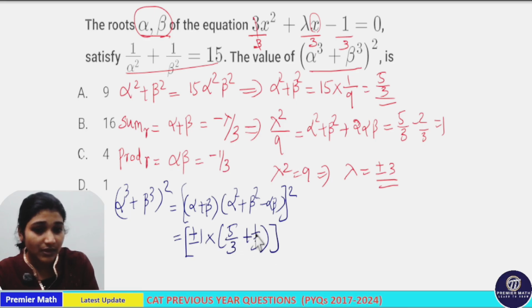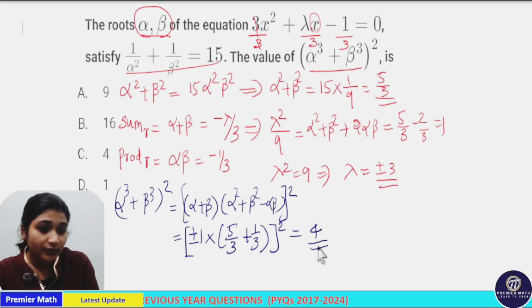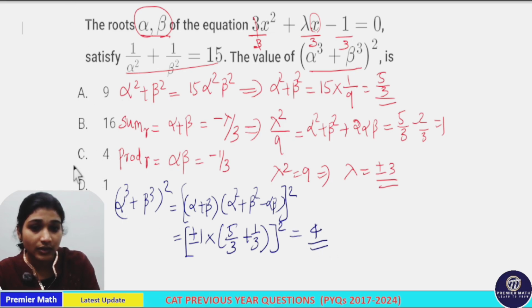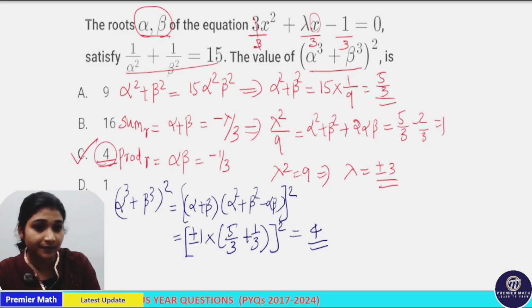So this will become 6 by 3, which is equal to 2. So (plus or minus 2) the whole squared is equal to 4. So option C is your answer. 4 is your answer.